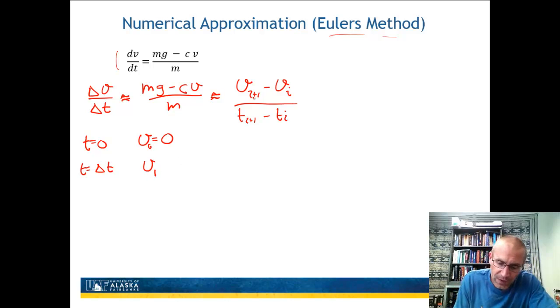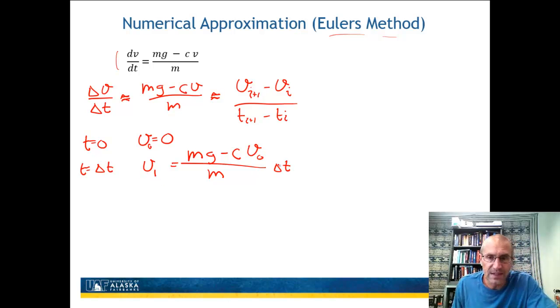Setting i equal to 0, I have v1 minus v0 over delta t, which is equal to (m times g minus c times v sub 0) over the mass. Since the value I know is v sub 0, I put it in there. Then I multiply that by delta t to get my change in velocity, so I can determine what v1 is, and then keep doing this.